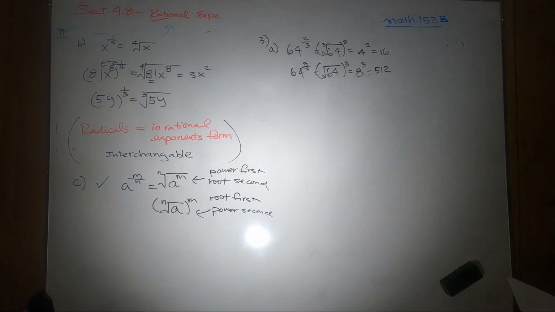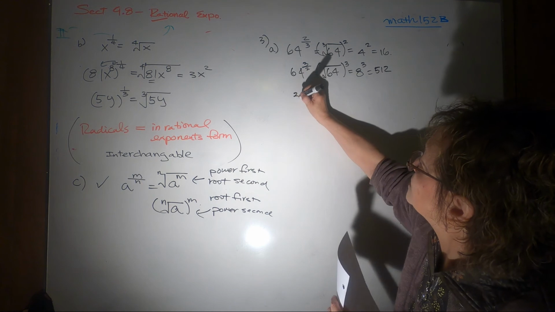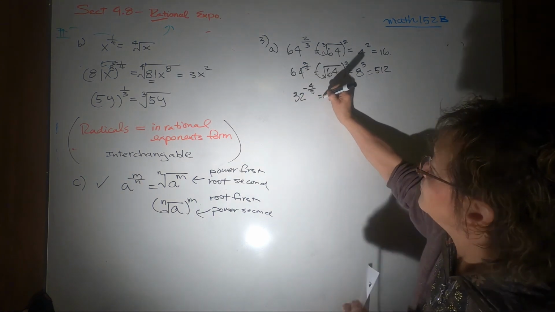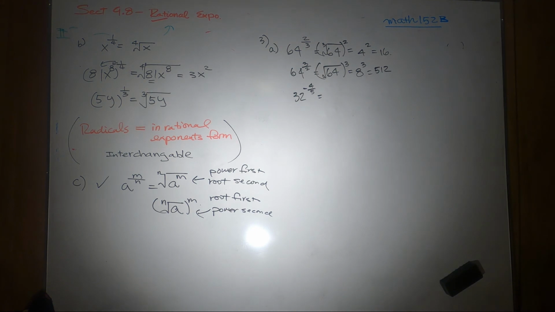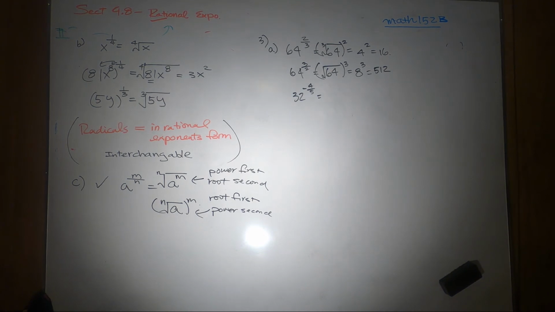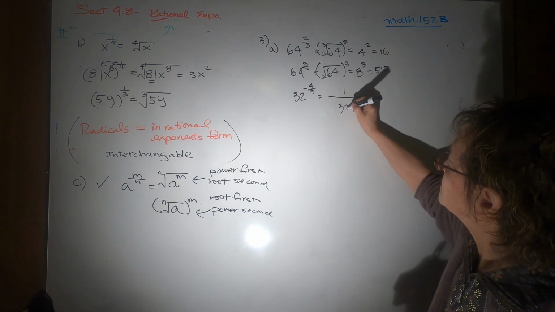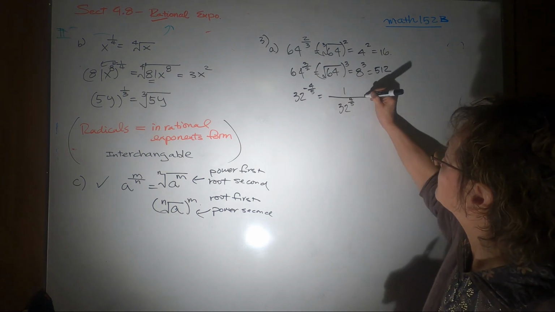Right? Then if we have 32 to the -4/5, if you have a negative power, you have to handle that first before you handle the fractional power, right? So you will do what? 1/32 to the 4/5.